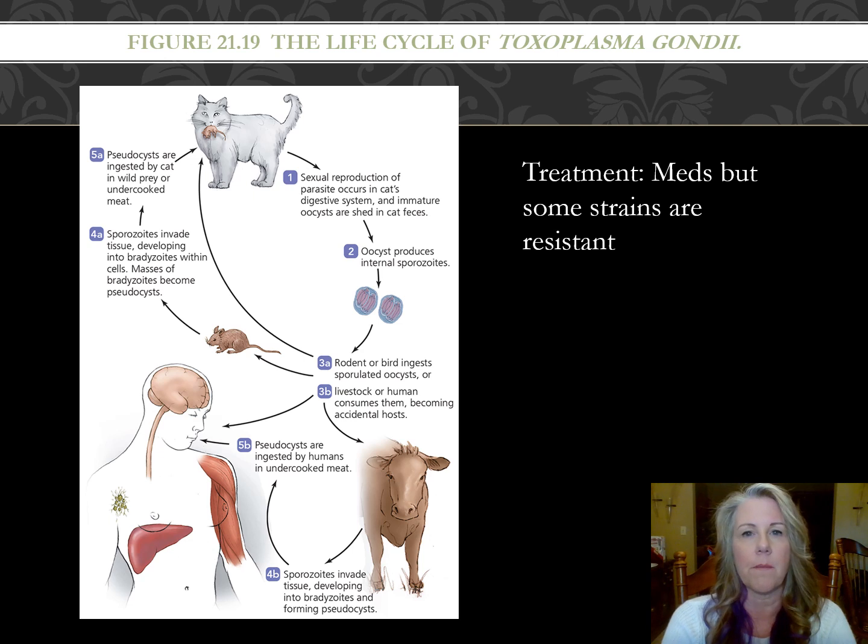So it's either coming from the cat feces or it's coming from the cow when we eat the cow that wasn't cooked enough to destroy the pathogen. But what we do see is a lot of transmission actually occurs from the cat feces to the human, and the human, being an accidental host, it is still pathogenic to us.